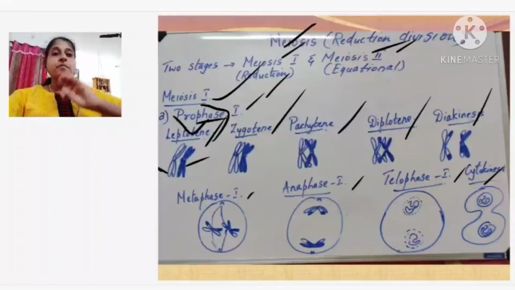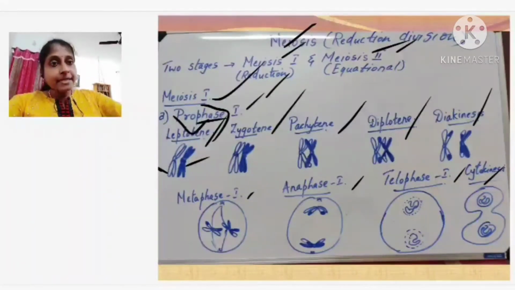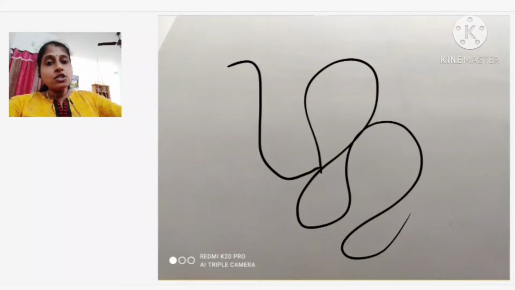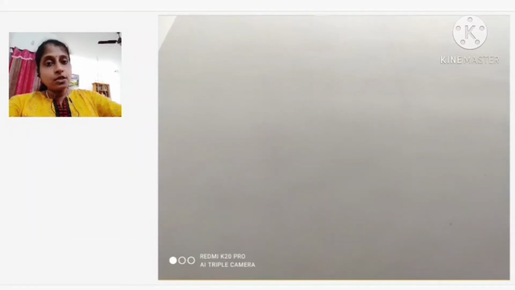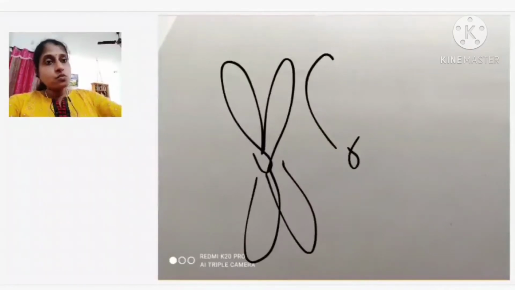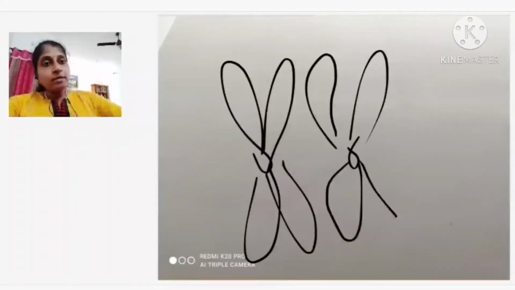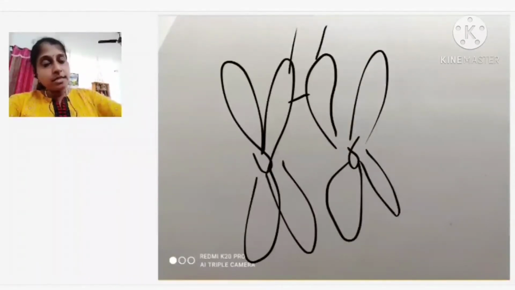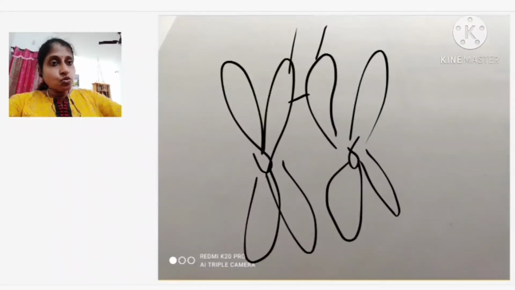Clear? Now what is happening in the next stage, zygotene? These two pairs of homologous chromosome, I told you, one is the sister chromatids, isn't it? So this one is the sister chromatids, and this one is the non-sister chromatids, this and this. These two chromosomes are coming and lying side by side.